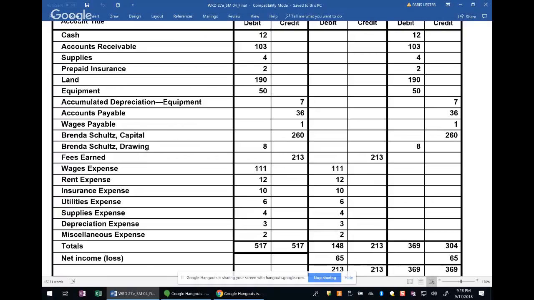Drawing does not go on the official balance sheet. You know that. You got to do a capital statement in between. But here, we take our net income as a credit on the balance sheet to make it balance at $369. And you've completed a 10-column spreadsheet or worksheet. Okay?